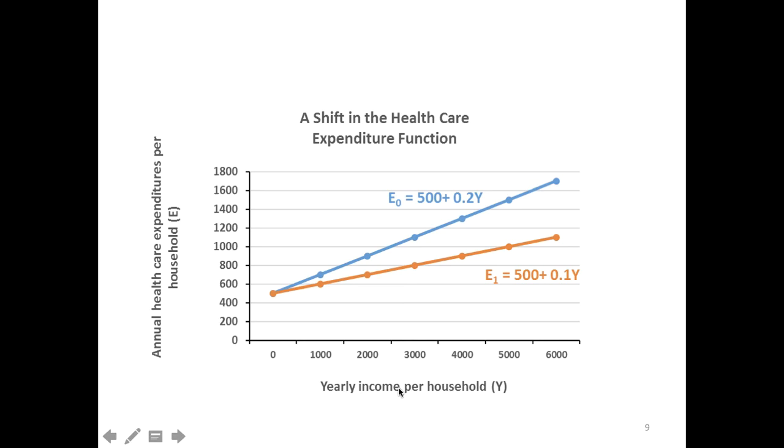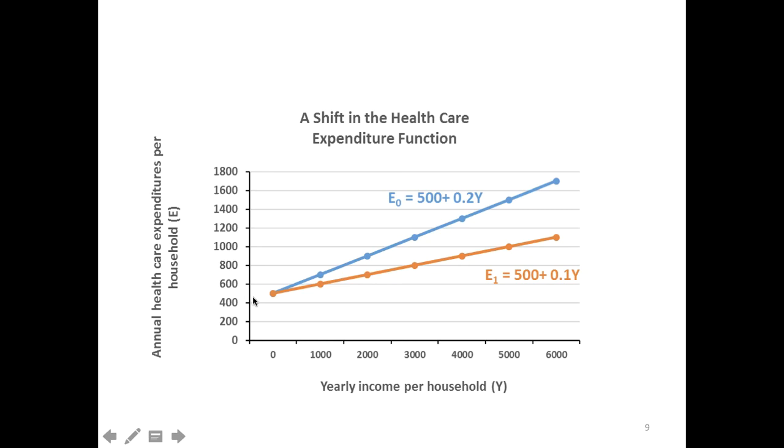The yearly income per household is on the horizontal axis. Now, initially we had annual healthcare expenditure per household equal to $500 fixed plus 0.2 multiplied by the annual income you have. Now, if we decrease the slope, what does it mean? It means the intercept on the vertical axis is still $500.